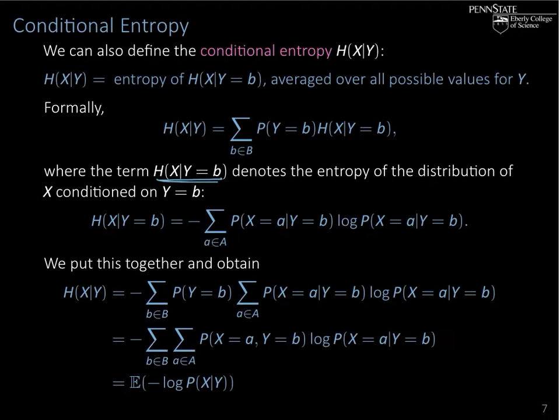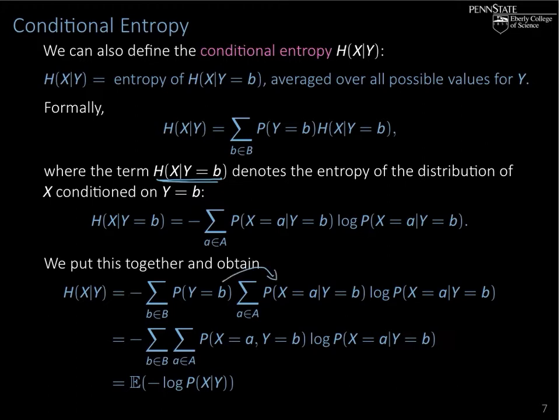Now we can put all this together, this formula and this formula. If we just plug in everything, we obtain this line. But we can simplify this a little bit, because we see b doesn't occur in this sum, so we can move this term into this sum.